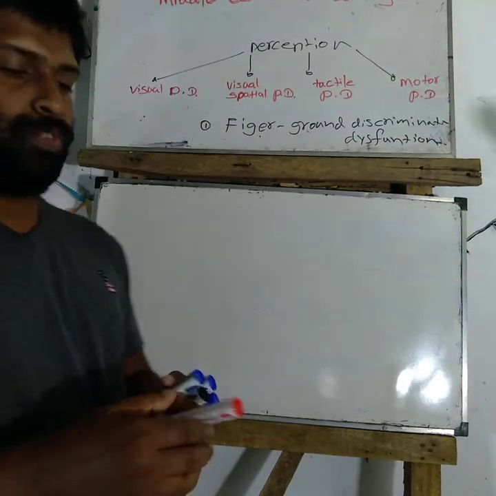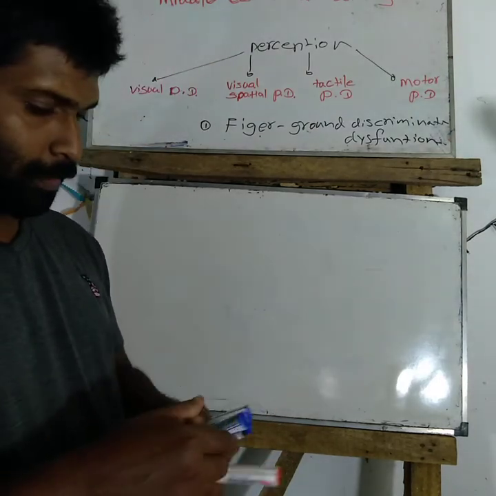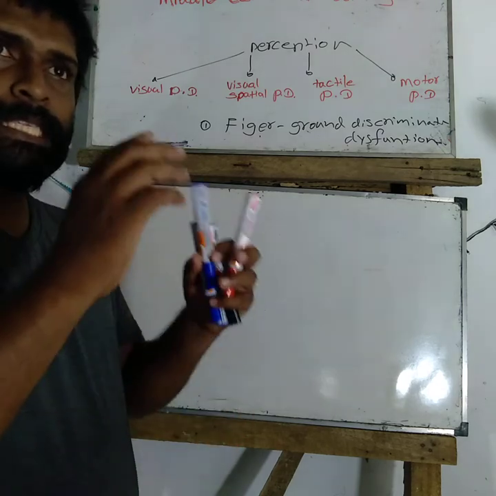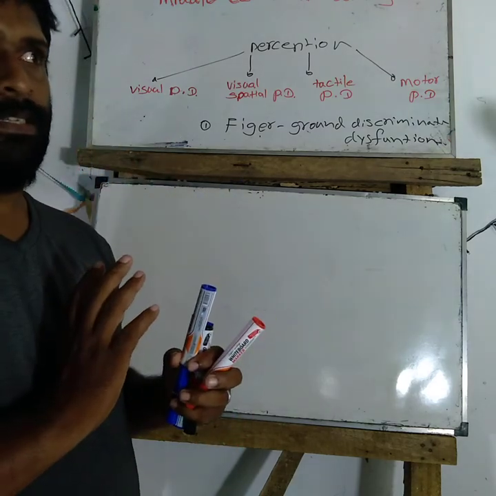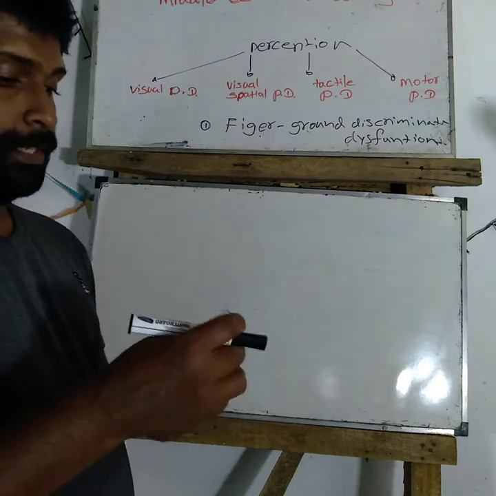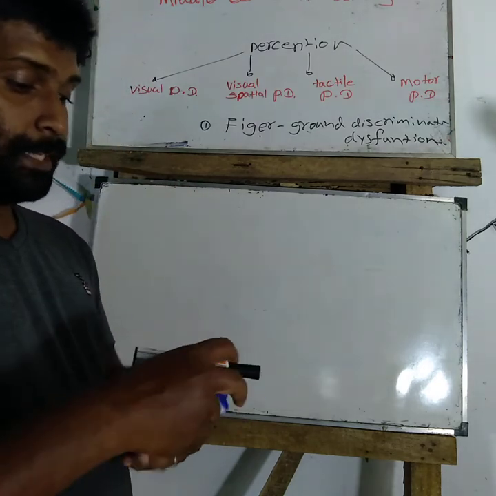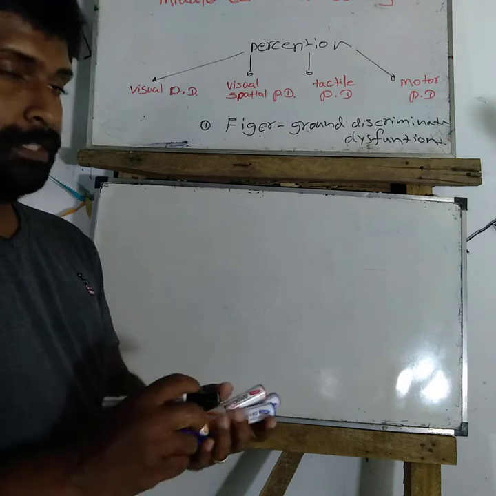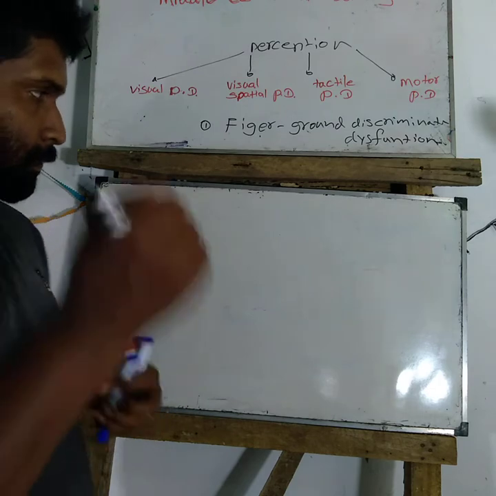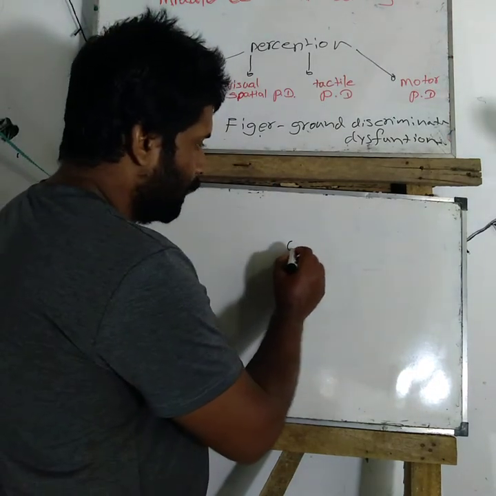Right, we are going to another example, figure ground discrimination. When we are talking about same color places, the snake, I am going to tell. Sometimes we also can't understand the figure ground area. This is the black snake.